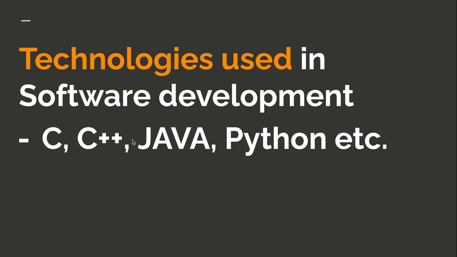We have Java, we have Python, we have C++, and languages such as Java and Python are object-oriented, unlike a language such as C, which is a structured language. So these are some of the languages that are used in software development, and there are a bunch of languages.